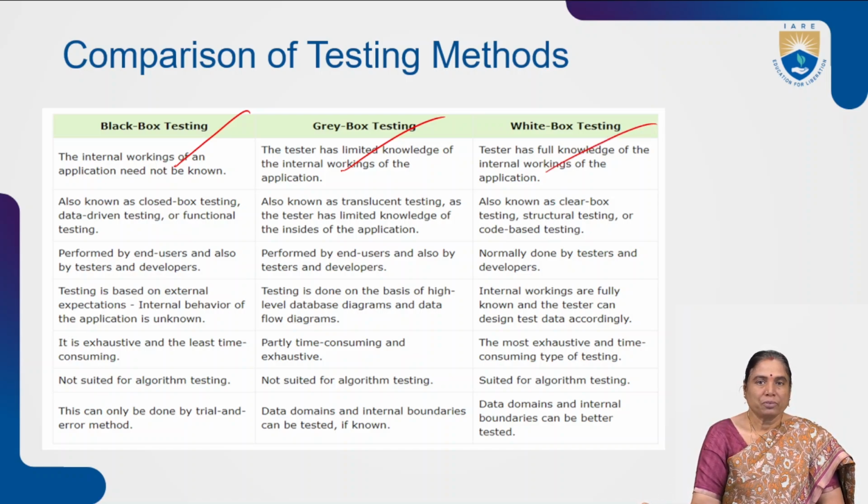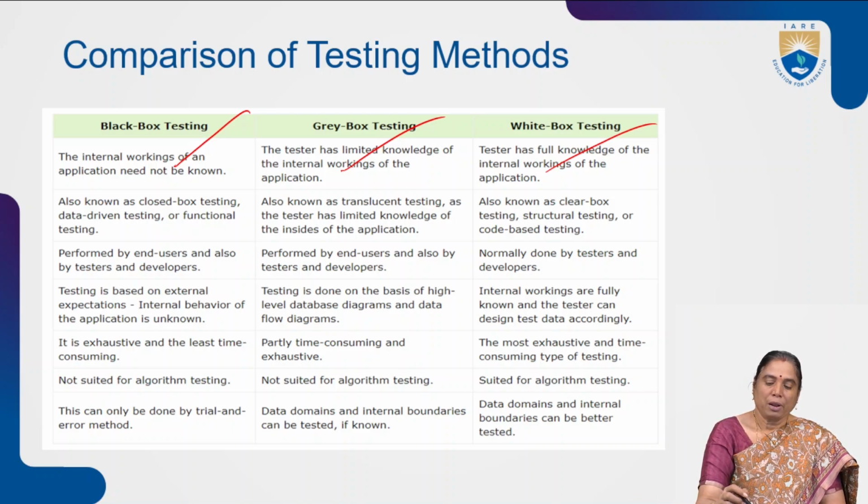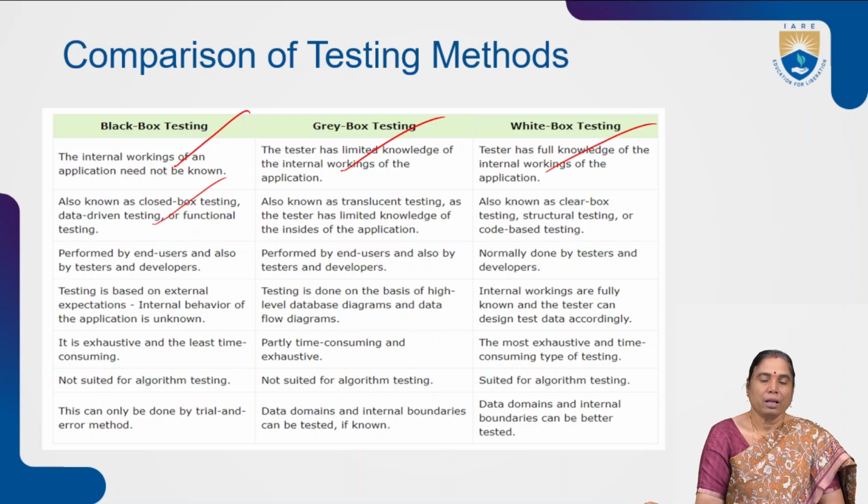The program structure is considered for the testing. The black box testing alternative names are closed box testing, data driven testing or functional testing. Grey box testing is transparent testing and the tester can have knowledge of the program also.